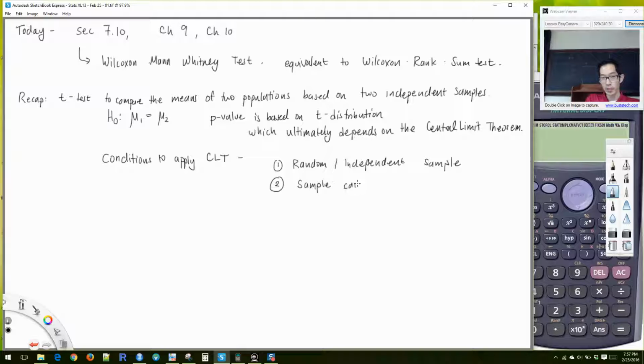Sample cannot be too big. And we defined too big as over 10% of the population. So whatever your population is, you don't want to sample more than 10% of that. But we rarely violate this one, okay? Only if you have a small population.